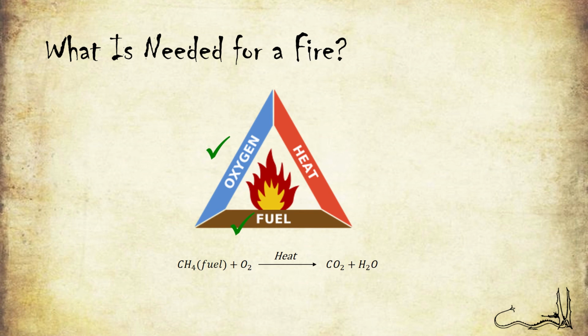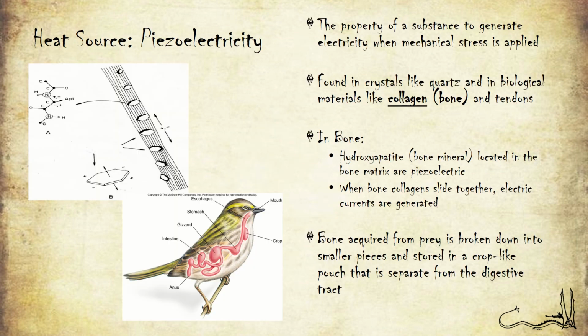So all we need is a heat source. And that can be found in piezoelectricity. Now, piezoelectricity is a property of a substance to generate electricity when mechanical stress is applied. And these substances can be found in crystals like quartz and in biological materials like collagen and tendons. So we're going to focus on the collagen here.